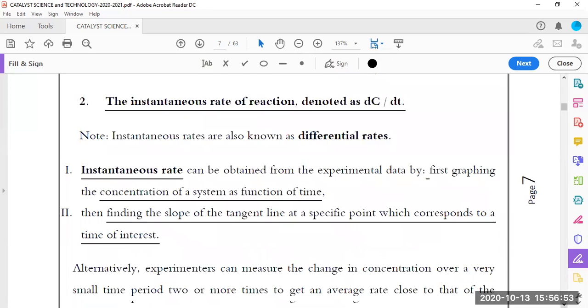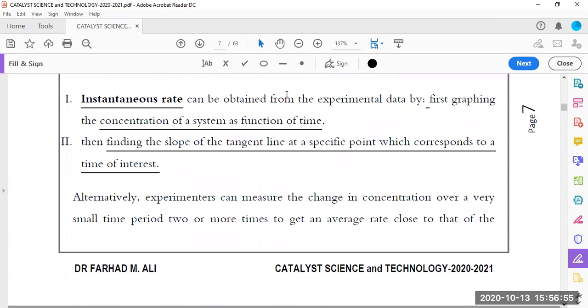That's instantaneous, can be obtained from the experimental data by first graphing the concentration of a system as a function of time. We should do that first experimentally. Then finding the slope of the tangent. Remember this, slope of the tangent.